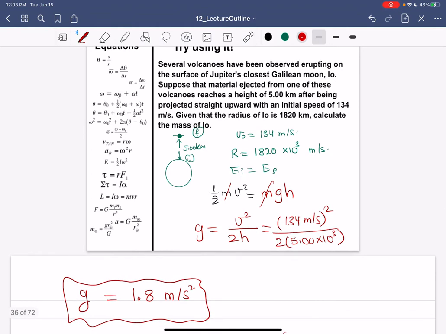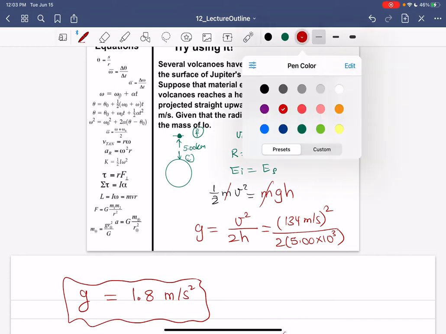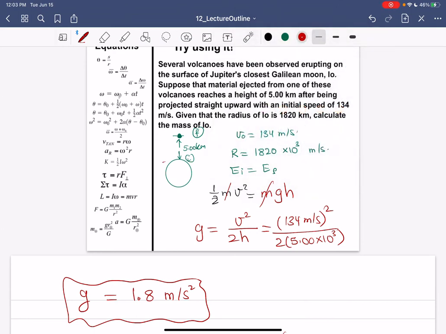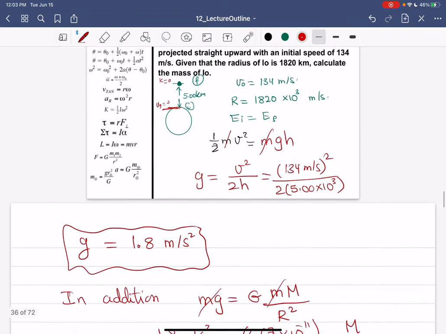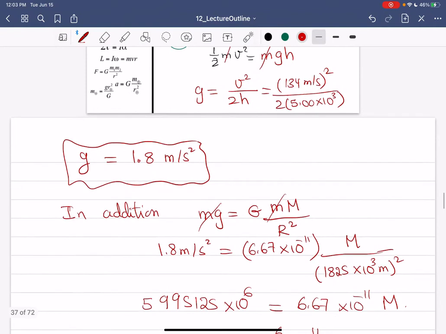First, I need to find the value of g, and I used conservation of energy here. I considered this point on the surface to be my initial point, with U_g equal to 0, and at the top K maximum is 0. Then I said 1/2 mv squared equals mgh, and from that g was calculated to be 1.8 meters per second squared.